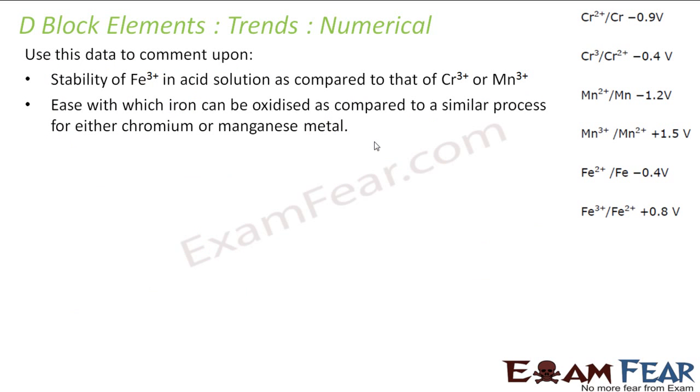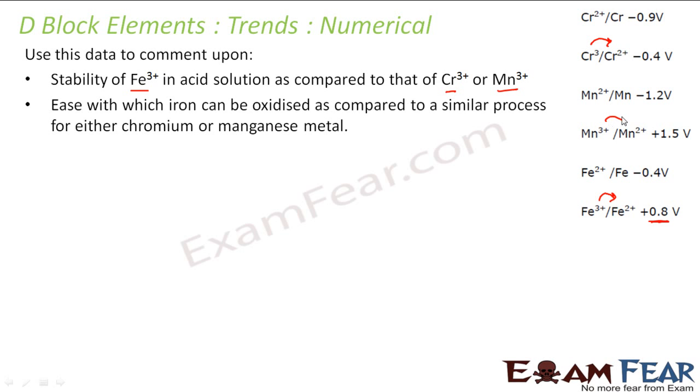So using this data, we have to comment on the stability of Fe3+ ions in the acid solution compared to Cr3+ or Mn3+ ions. The data given is that to convert Fe3+ to Fe2+, you actually get 0.8 volt. Conversion of chromium 3+ to chromium 2+ needs 0.4 volt, because it is negative here, and Mn3+ to Mn2+ gives 1.5 volt.